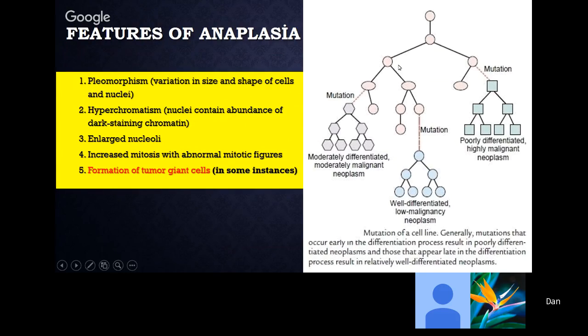And remember, the beginning of each of these cells is going to be because of mutation. Some mutation will give you a well-differentiated type of tumor, some mutation will give you a poorly differentiated type of tumor. The more mutation you have, the worse it is, the more risk you're going to have overall.